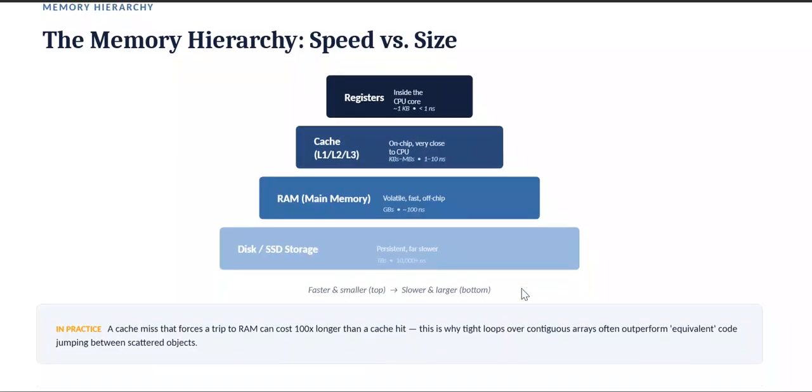Memory hierarchy: speed versus size. The registers are inside the CPU core. They are about 1 kilobyte or less, and they process in less than 1 nanosecond.